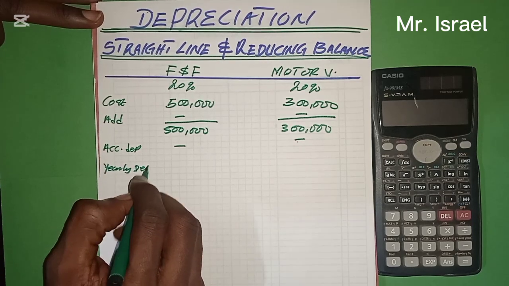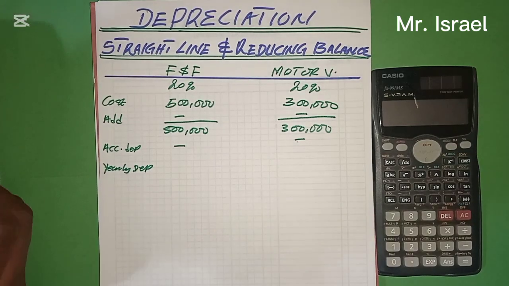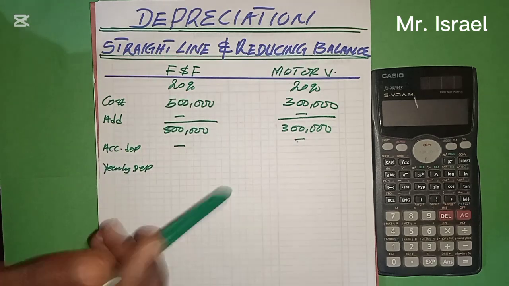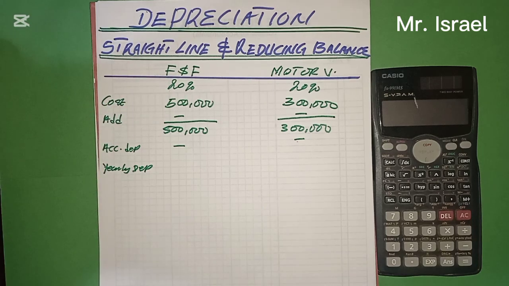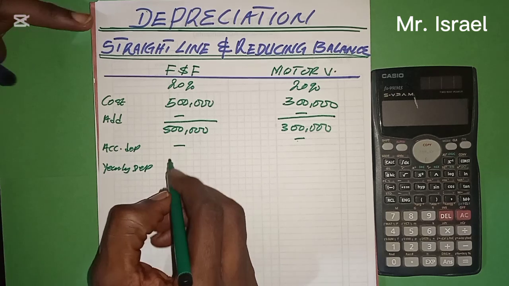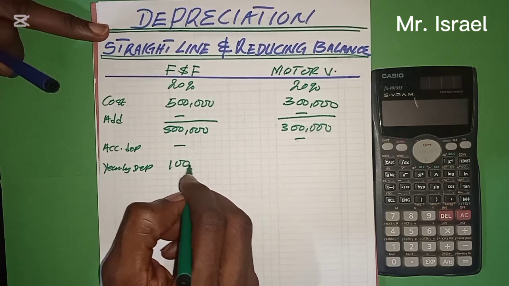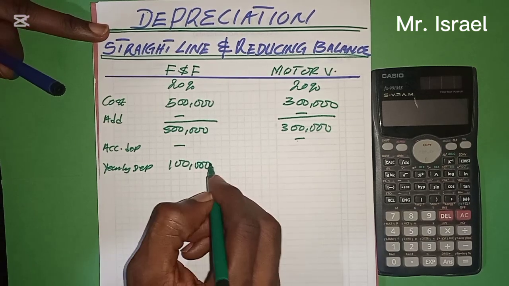This is where we apply the method we're going to use. This is the straight line method, and this is the reducing balance method. Now 20% of 500 will give you 100,000. That is our yearly depreciation.